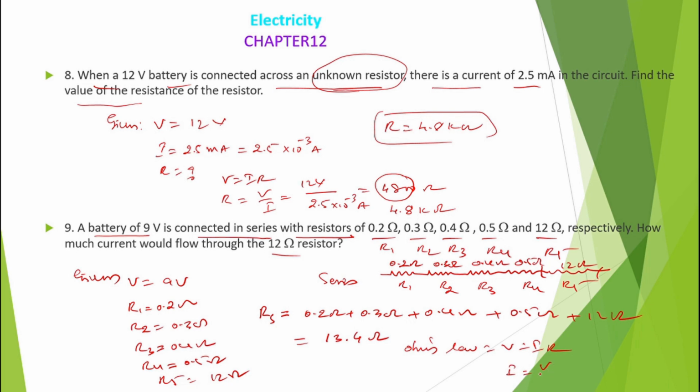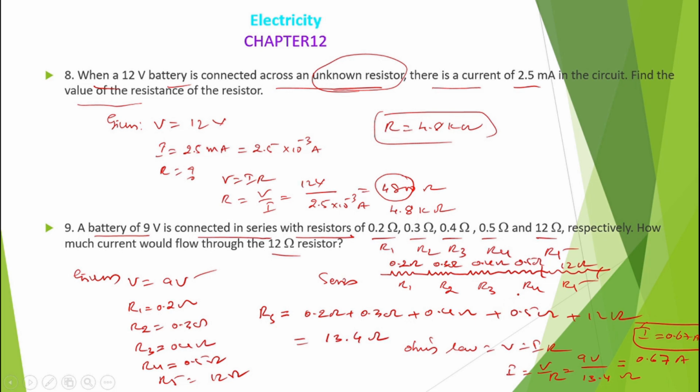I is equal to V by R. So V he has given 9 volt divided by R we got 13.4 ohm. If we simplify this, we will get 0.67 amp. So I is equal to 0.67 amp.